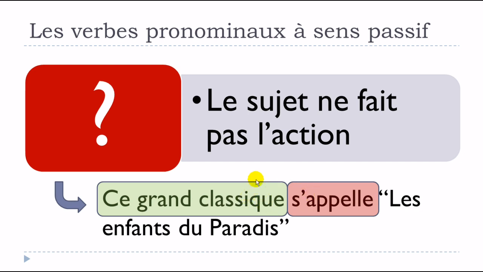I mean, the movie cannot call itself. And that's the whole concept of what we call le passif. Okay, and in that case, this verbe pronominal s'appeler will be used, as we saw here, au sens passif.